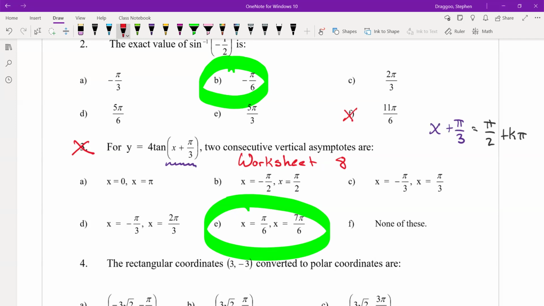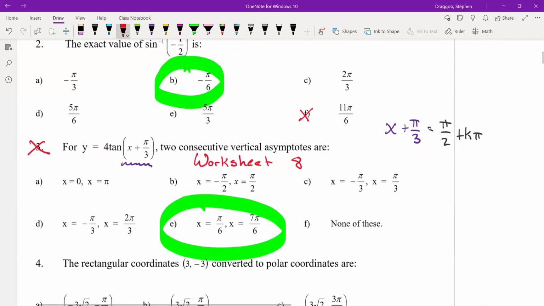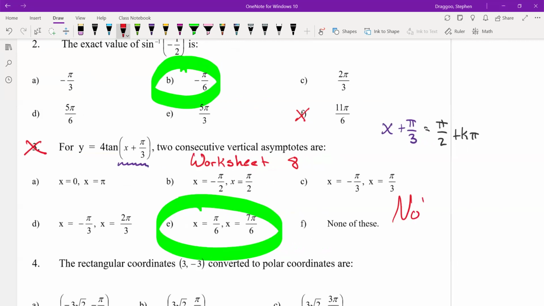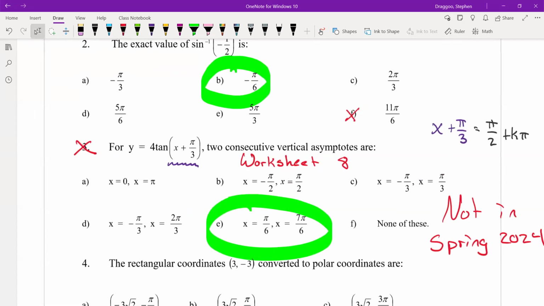So you do not need to know how to do this problem for the final. But just in case you wanted to know that problem, the answer is E.